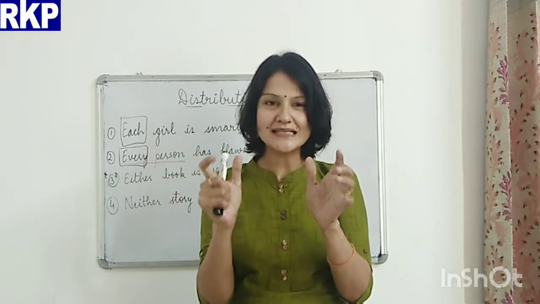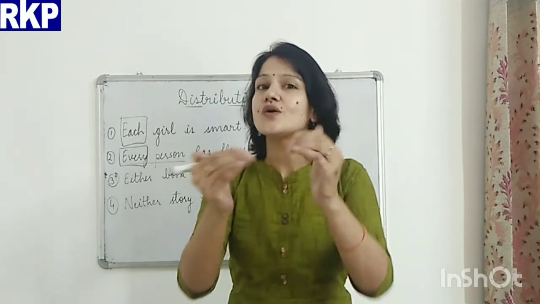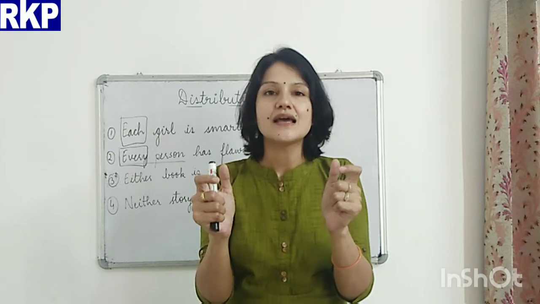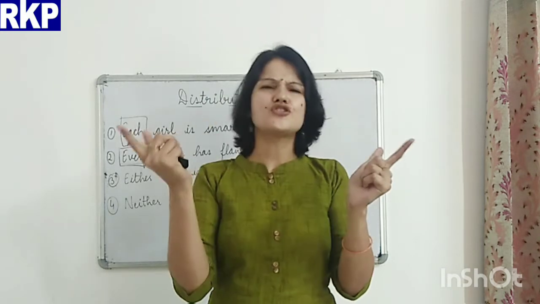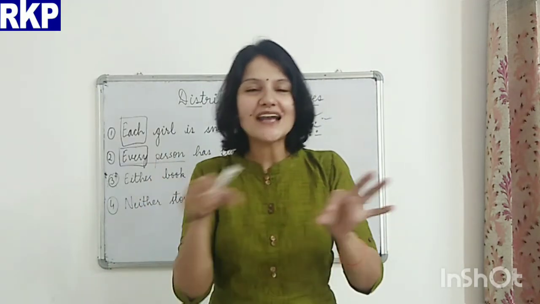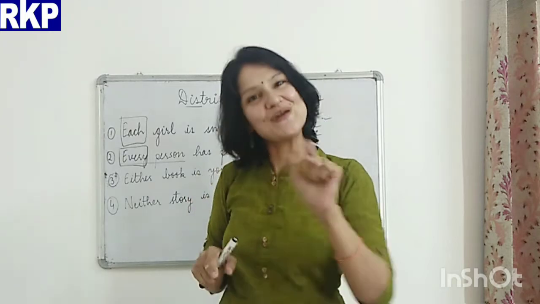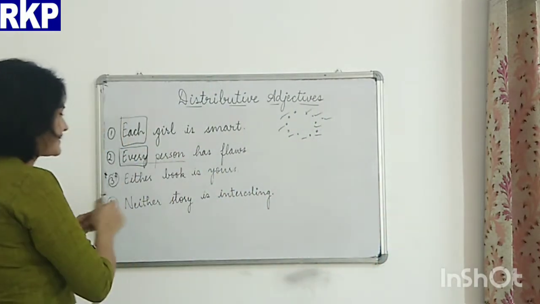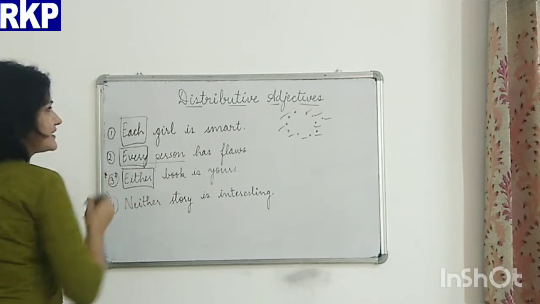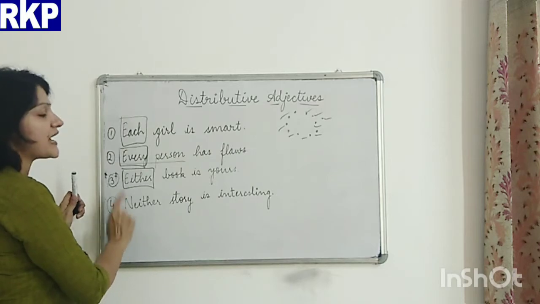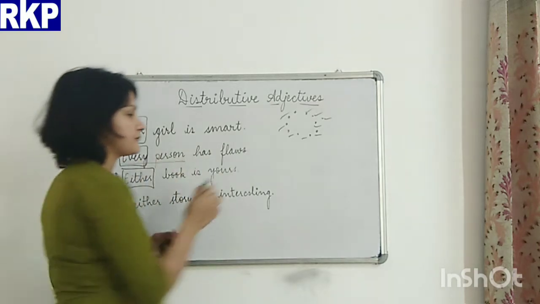Two books in my hands, and suppose you are asking me where is my book, and both the books are in my hand, and I'm saying I'm not sure, but yes, either book is yours. By this I mean any one of these two is yours. Okay, so I hope it's clear to you now. So this is the distributive adjective here.